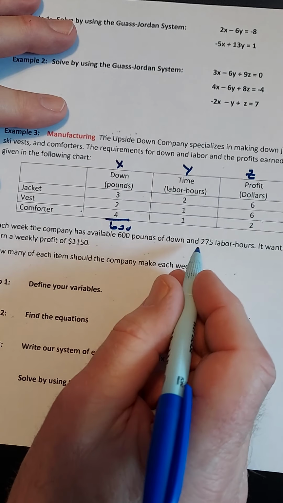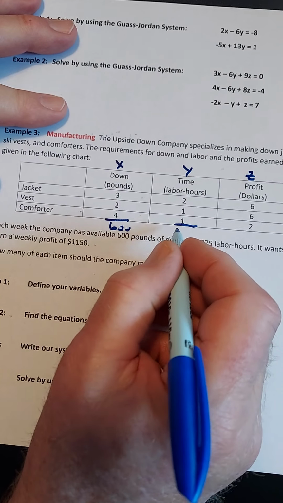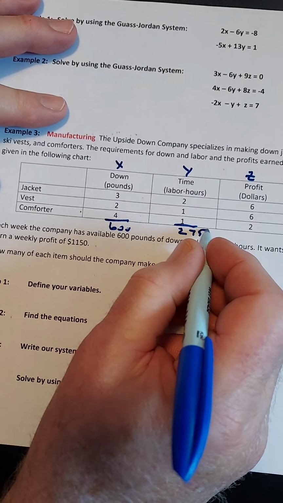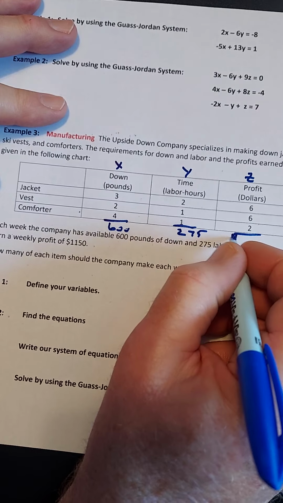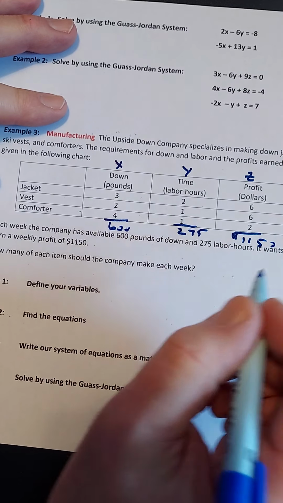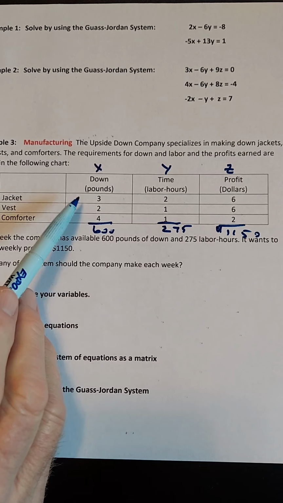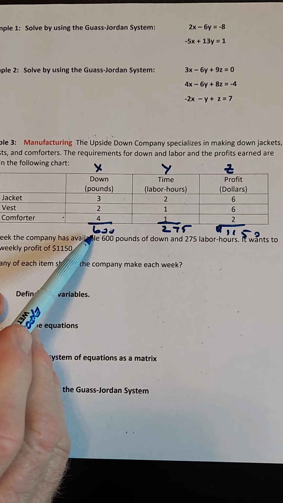And it says 275 labor hours, so that is limited to 275. And then I want a profit. When I add all this stuff up, I want 1150. Now, when you look at what I've got here, you're going to say, well, 3 plus 2 plus 4 does not equal that.